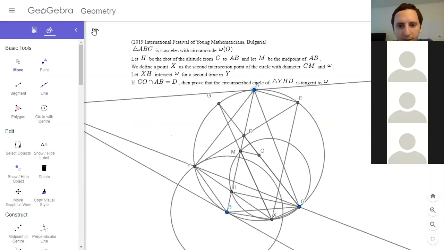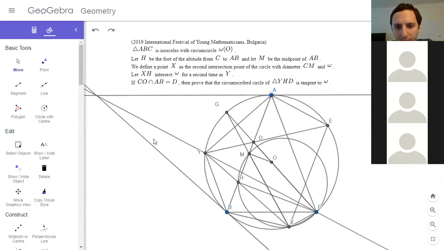It just looked like it in that figure, but not necessarily. But we want to show AYBC is harmonic. That feels like it has to be provable. I think you just have to project through the right thing.